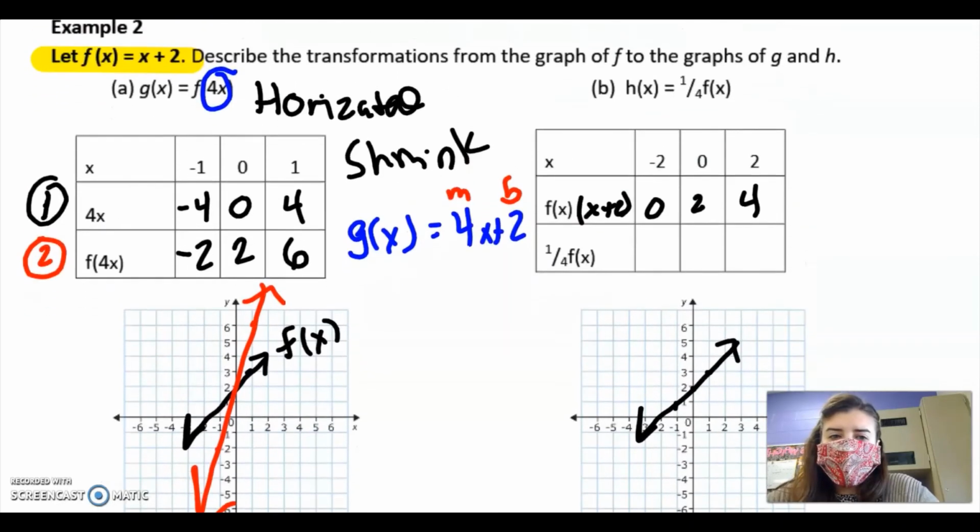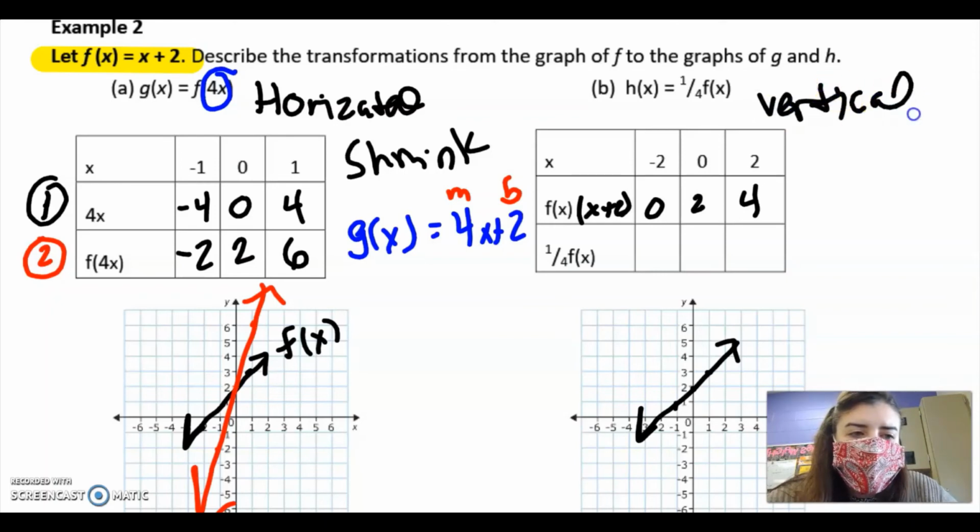Right. Now we're going to go on to b. So this is 1/4. It's outside of the function. It's being multiplied outside of those parentheses. So this is vertical. Okay. And it is a number between 0 and 1, a fraction. So this is also going to be a shrink.